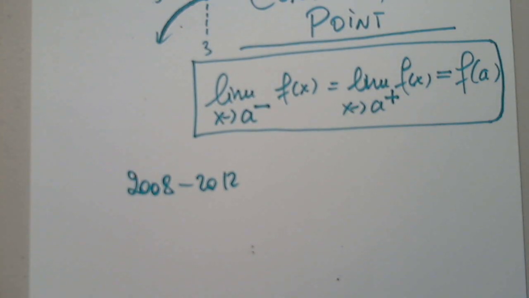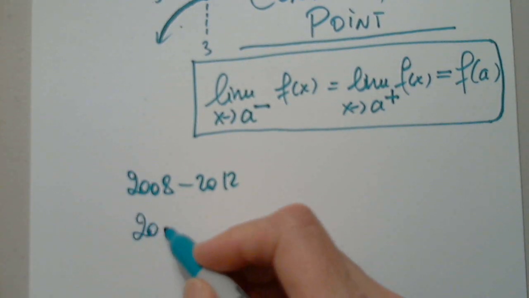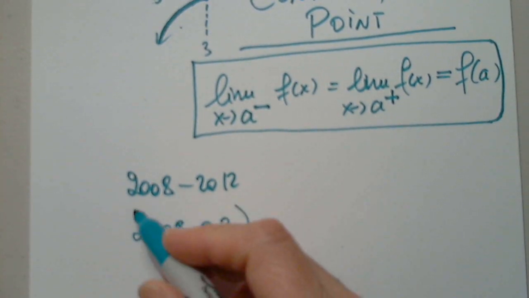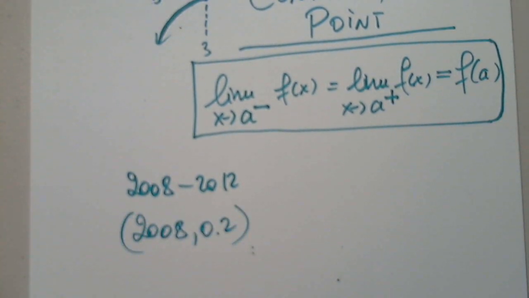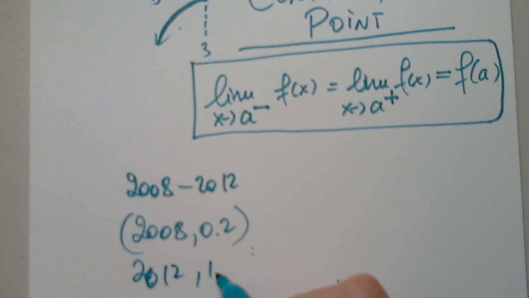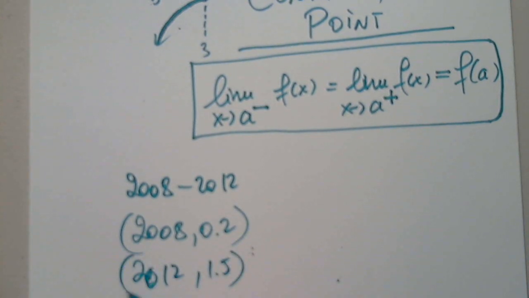I'm going to say 0.2. So 2008, comma 0.2. Let's see where 2012 is. Very difficult to read, but easier than the other one. 2012, I would say 1.5.